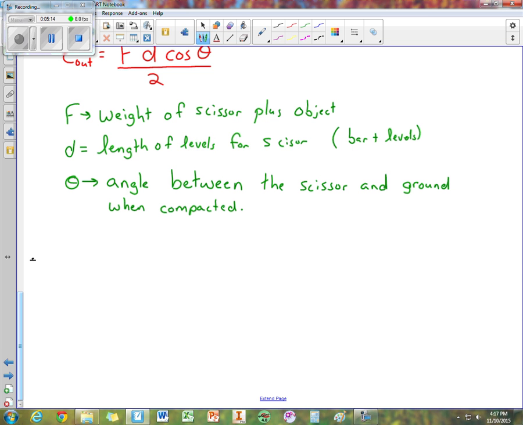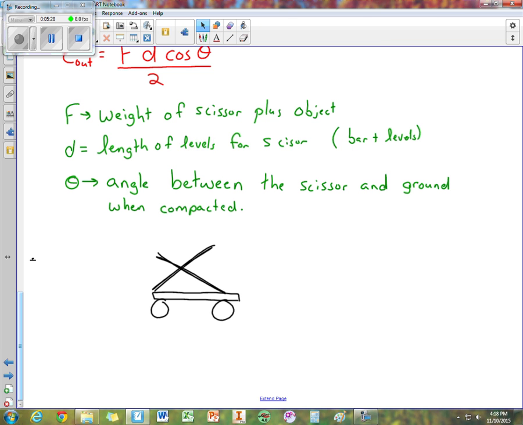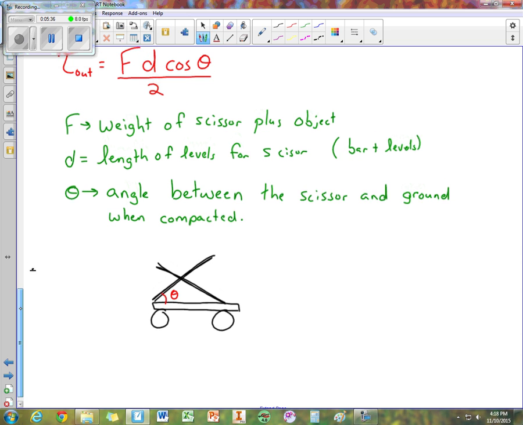So if I were to draw this out, let's say this is the wheels on the robot, and we have our first bar right here. Let's say that this is when it's compacted. That would be theta. So that's when it's all the way down.